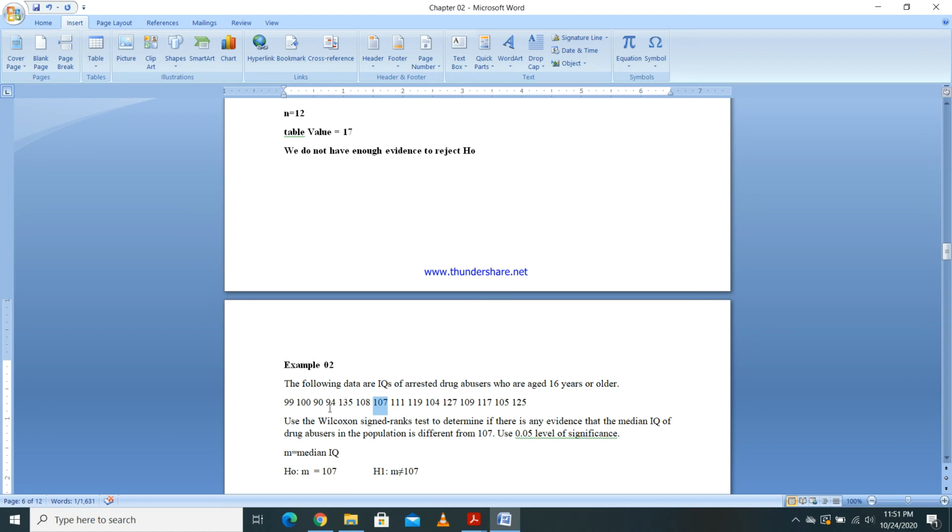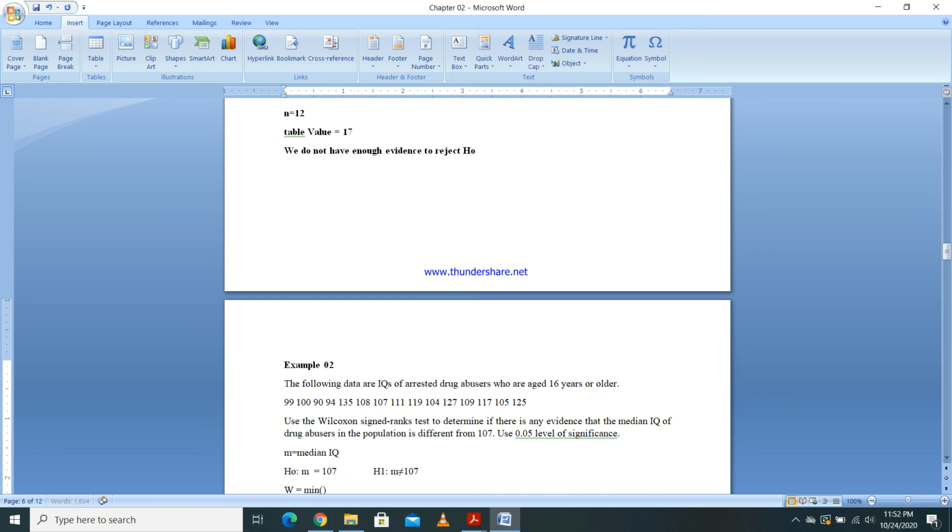So if you like, you can arrange these values in ascending or descending order. And like before, you can subtract 107 from each and every observation. And then you can observe the differences, take the absolute value of the differences, and then you have to rank them. So what will happen when you take the test statistic here? Here when you take the test statistic, it's a bit different.